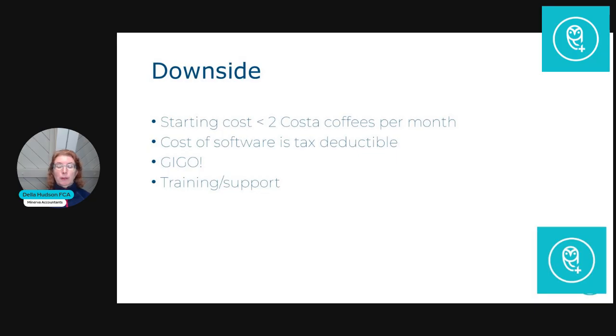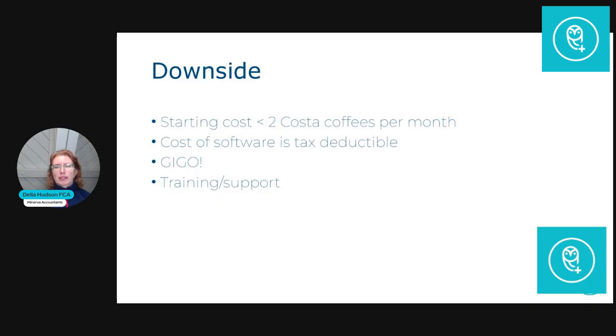The downside of software, of course, is the cost. Most software starts at £7 a month plus VAT, which is less than 2 Costa coffees per month. I looked it up. Costa coffee's flipping expensive. But it's a fairly standard benchmark that puts it into proportion. The cost of software, of course, is tax deductible.